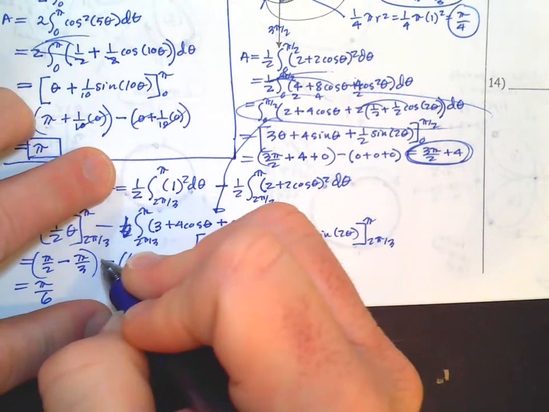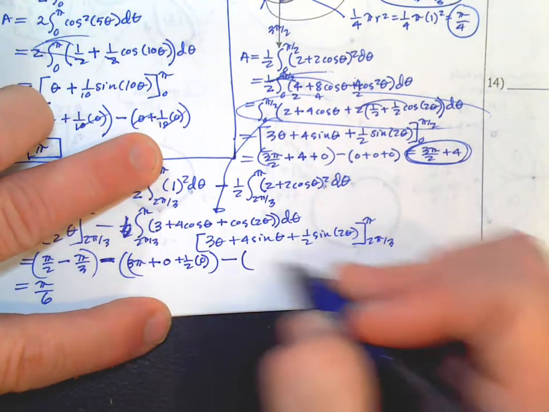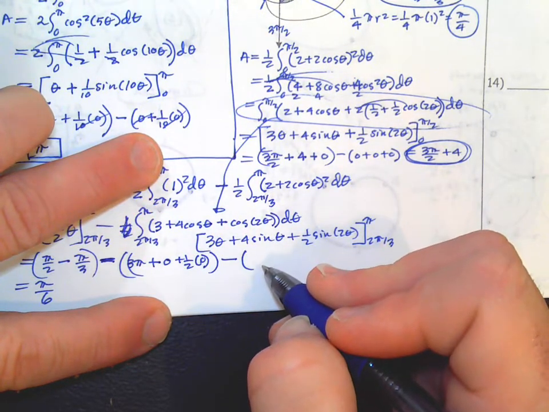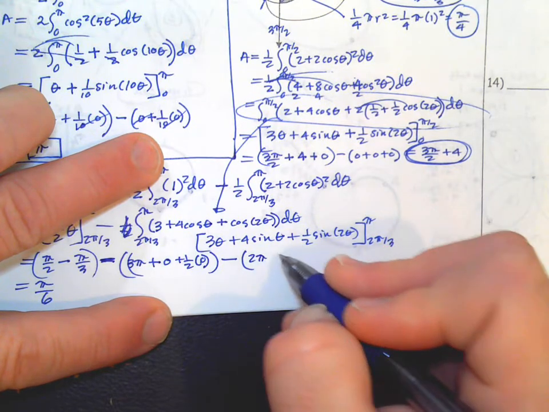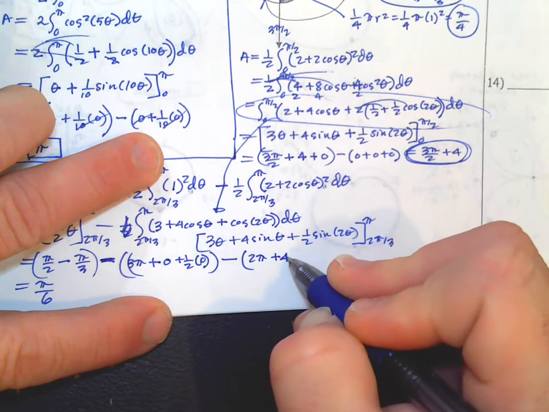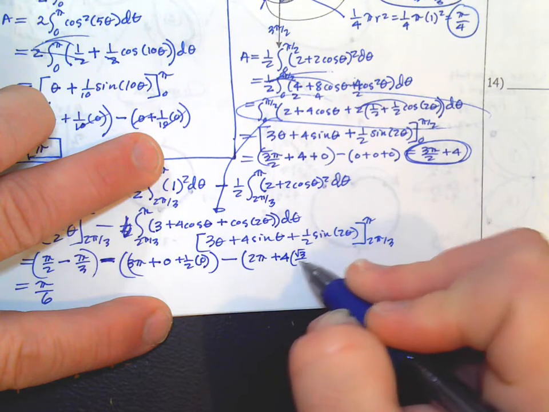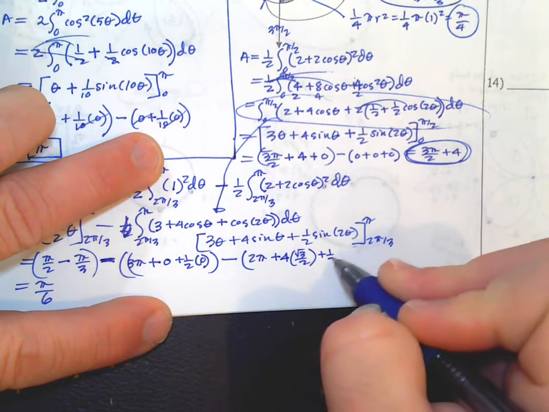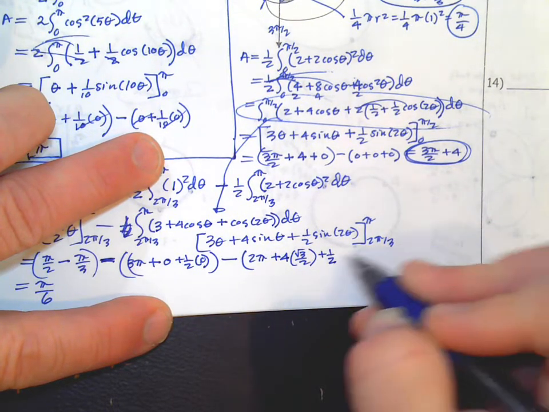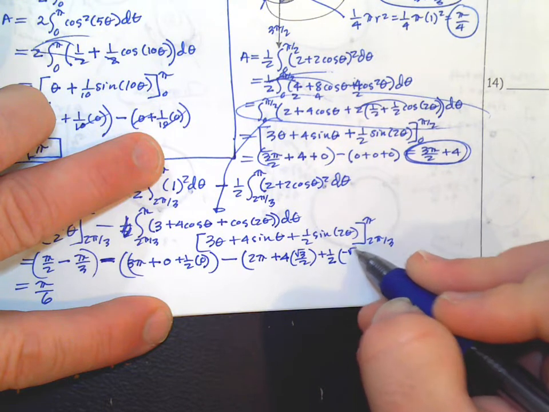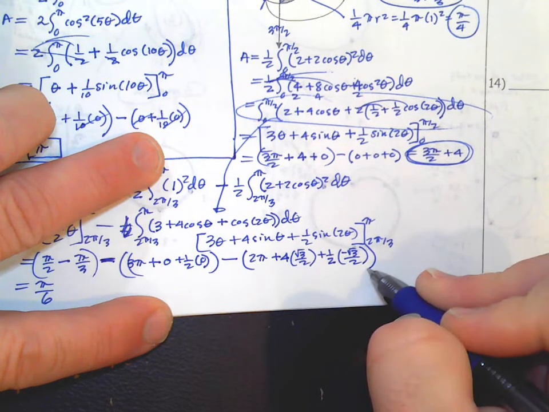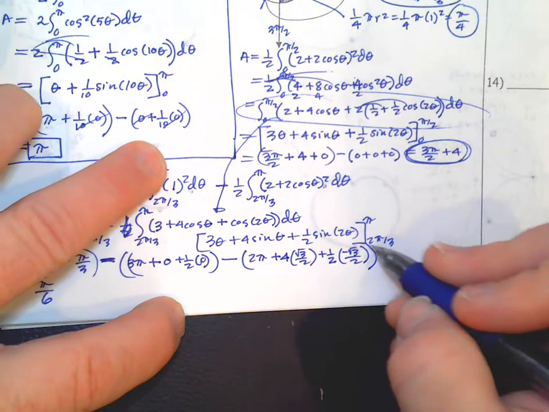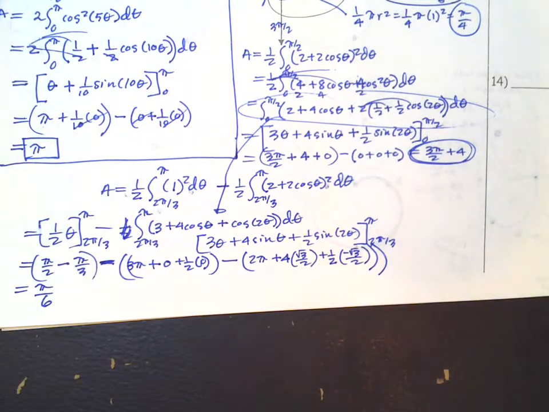We get to subtract all of this, so just be careful. Use some parentheses. That's going to be 2 pi plus 4 times sine of 2 pi over 3, which is root 3 over 2, plus 1/2 sine of 4 pi over 3, which is negative root 3 over 2. Right? It's getting a little messy.